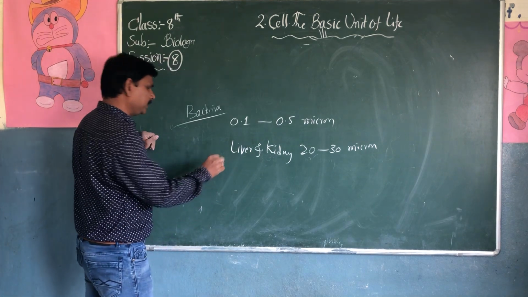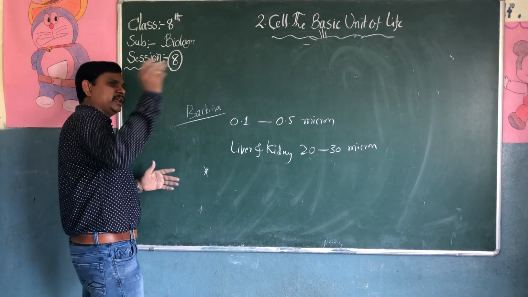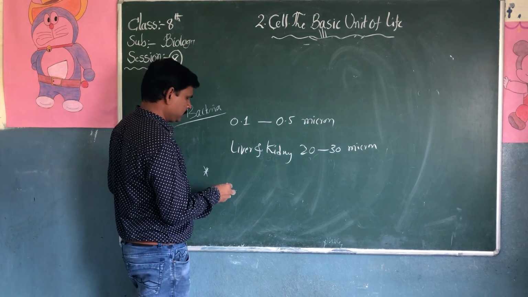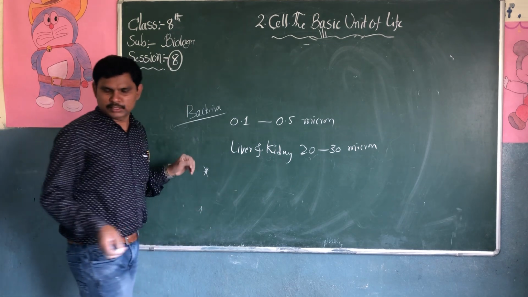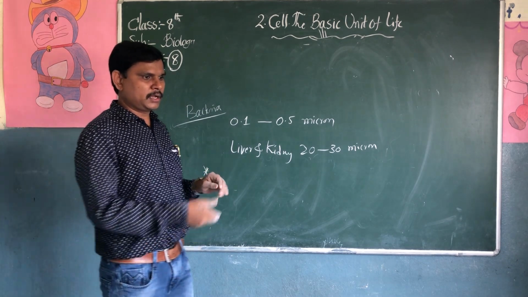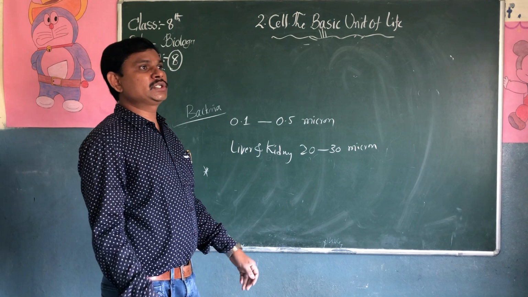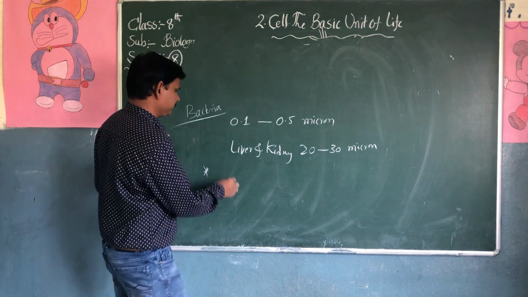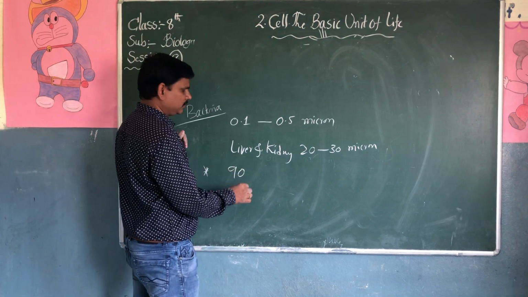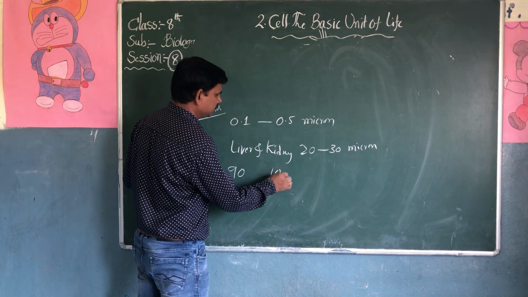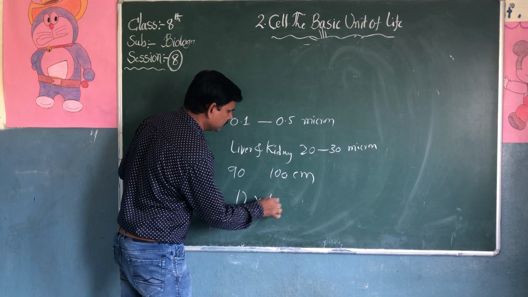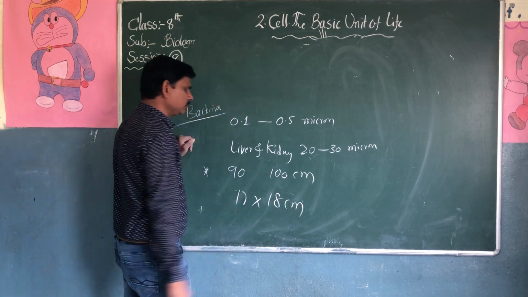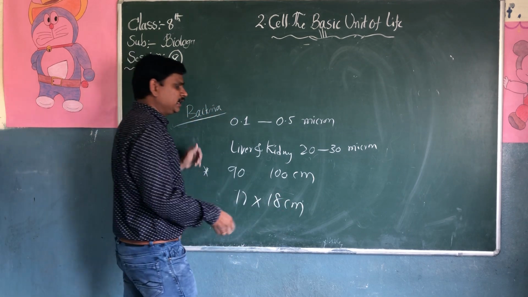The longest cell is the nerve cell. This nerve cell is around 90 to 100 centimeter. The largest egg is the ostrich egg, around 17 to 18 centimeter.